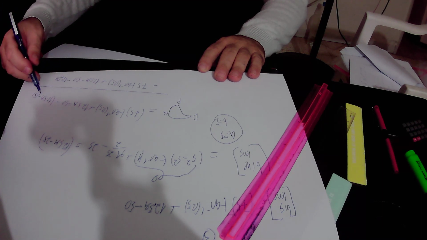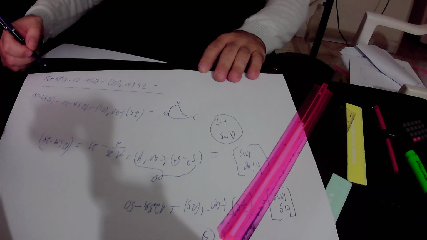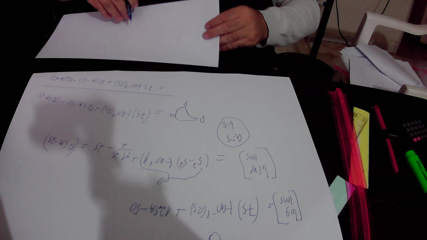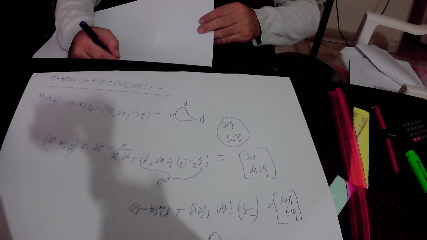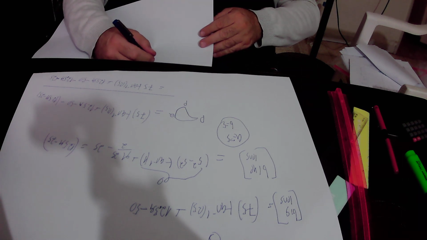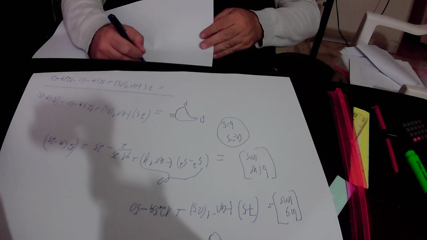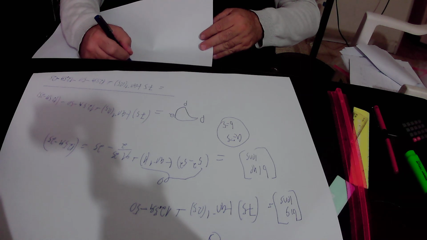Minus and minus is plus, so it is plus 25. Okay, so we found that the area of the orange shape equals 75 times tan inverse of 0.5.